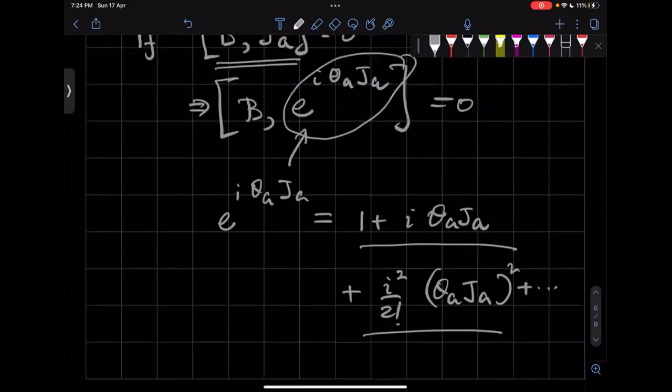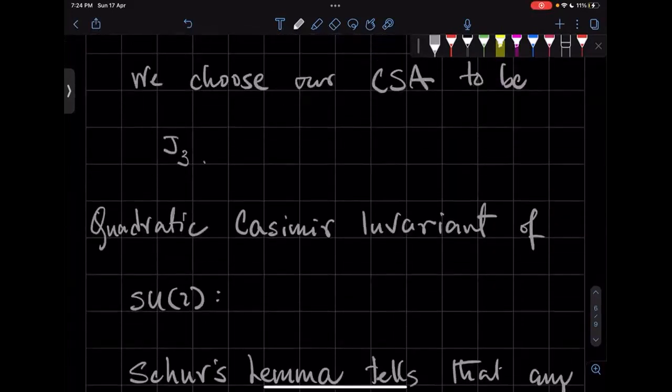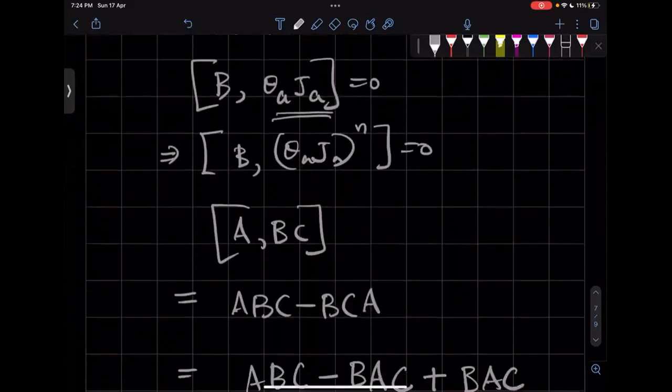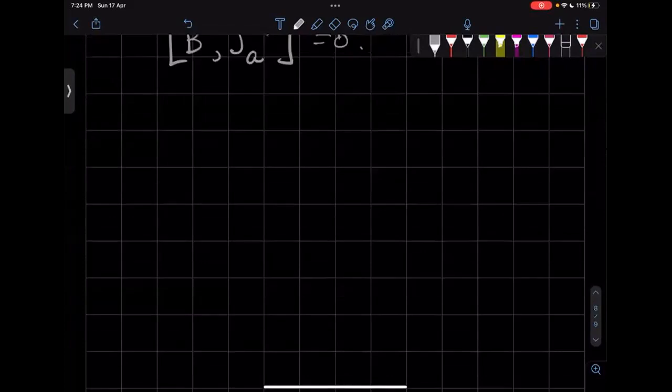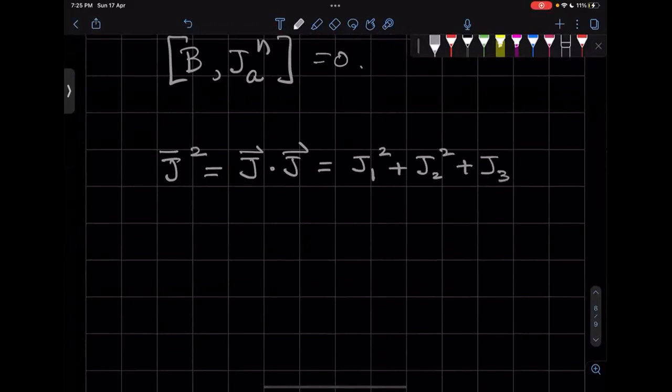So why I'm saying this, because there is a very important operator, which is called the Casimir operator, which actually commutes with all the generators of the Lie algebra. And that operator happens to be J squared, which is the three operators J1, J2, J3 dotted with itself. So it's basically J1 squared plus J2 squared plus J3 squared, okay?